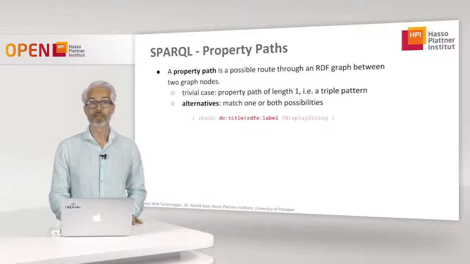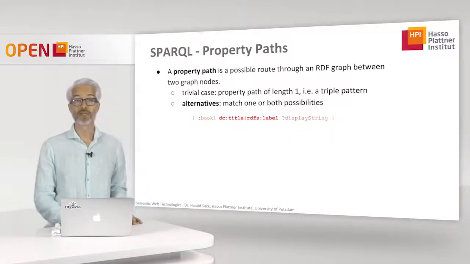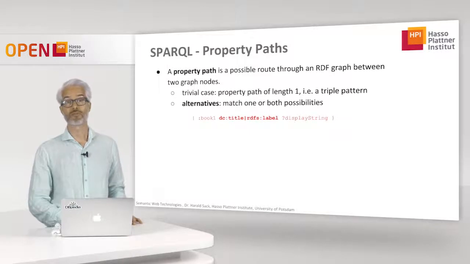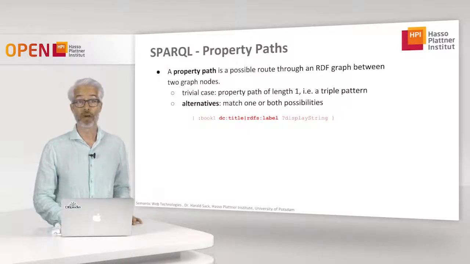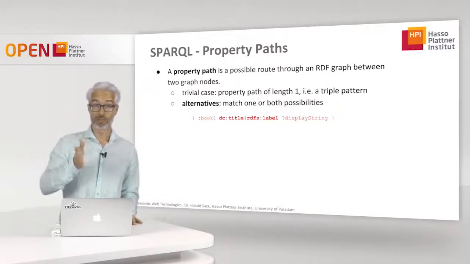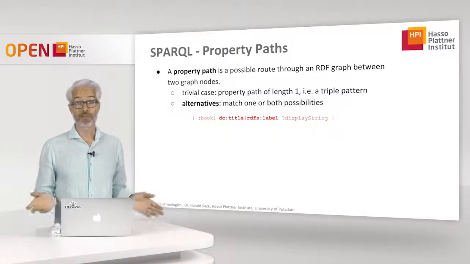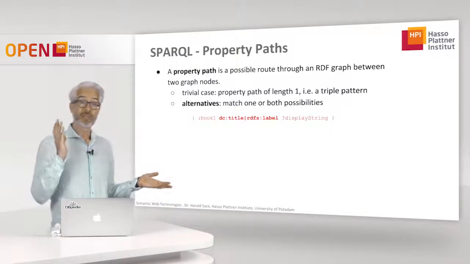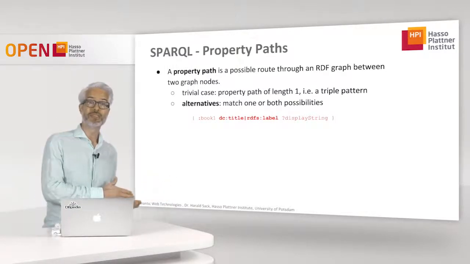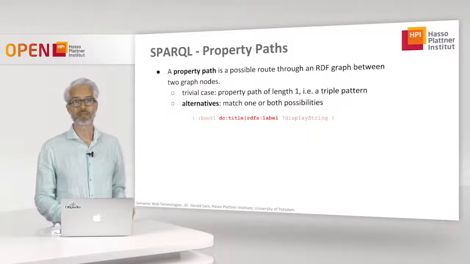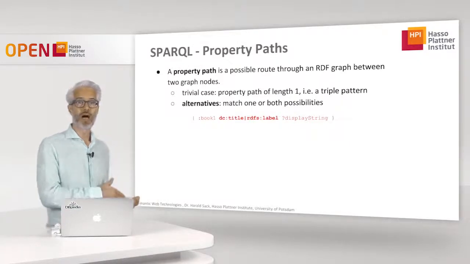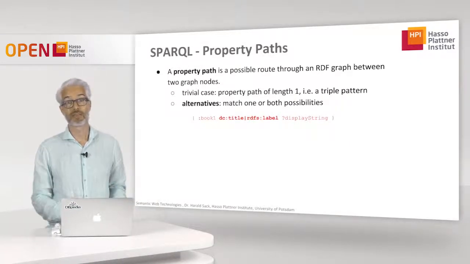This might look like the following. Here, for example, I define a property path which consists of two properties which are combined via this vertical line between the properties. I'm looking for books and their titles. And the title of the book could either be expressed by a triple book, DC title, and then the title, or it could also be expressed by book, RDFS label, and then the title.